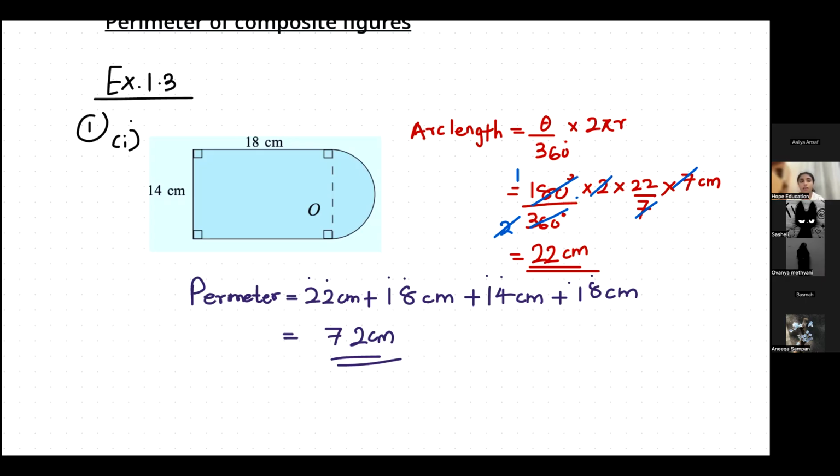Matara, Galle, like Unawatuna, Hikkaduwa, Weligama, Hambantota, that line? No one. Nobody's from down south. Okay.